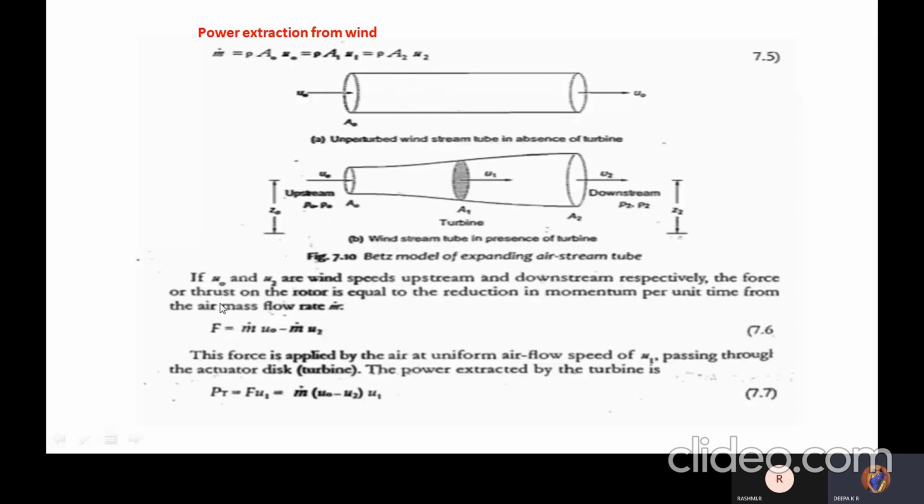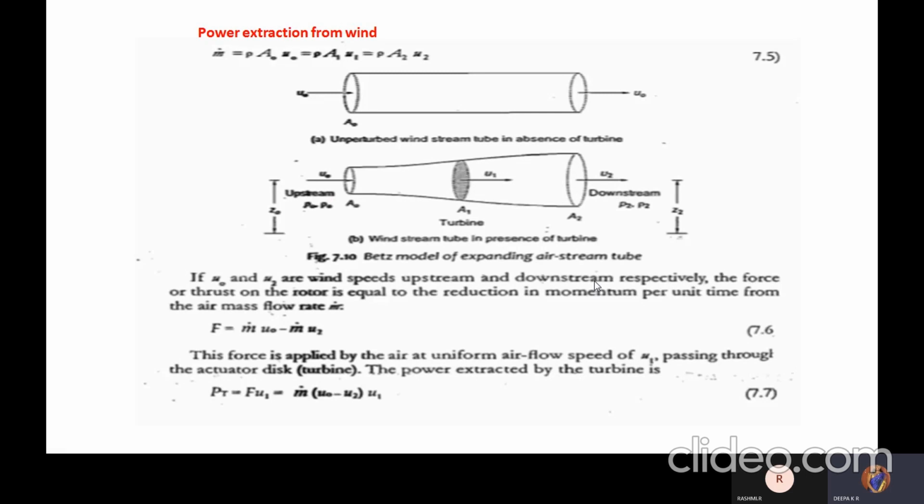And we already know mu0 and mu2 are the wind speeds, one upstream and one downstream, respectively. Here it is necessary to find out the rotor movement, because the rotor movement can be increased or decreased based on the pressure, how much it flows, and which area is accessible.